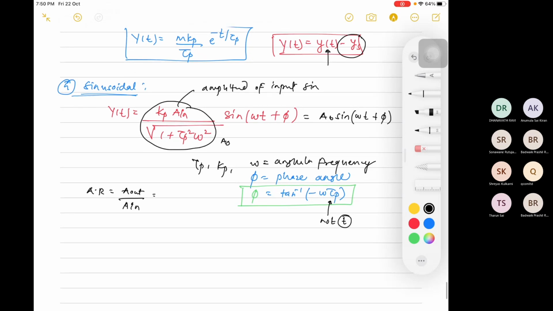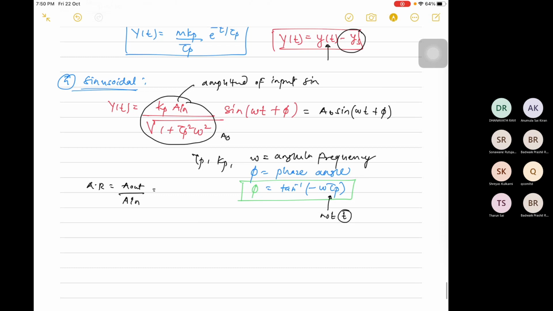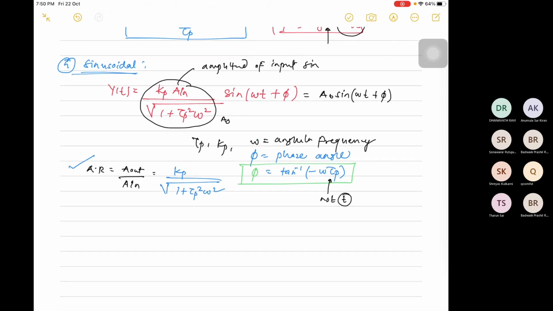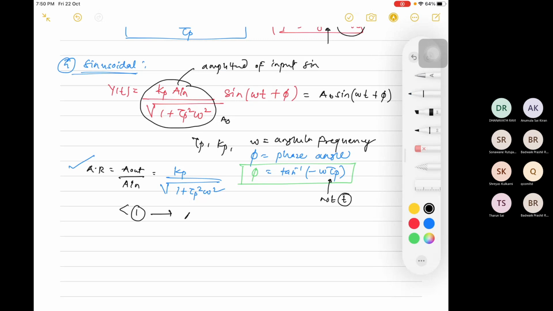Right? You can see this as a shortcut, but it is very important. And what is this ratio then? If you take the ratio of A out upon A in, you will get Kp upon square root of 1 plus tau p square omega square. Amplitude ratio. Phase shift you know, and amplitude ratio is most of the time less than 1. That means it is attenuated.